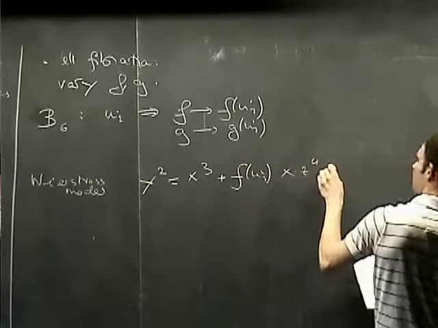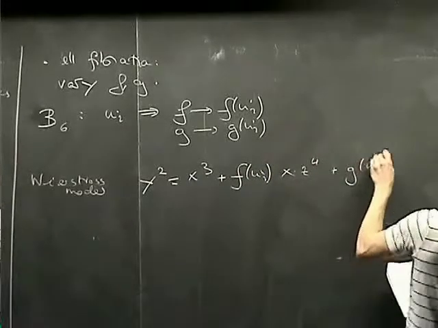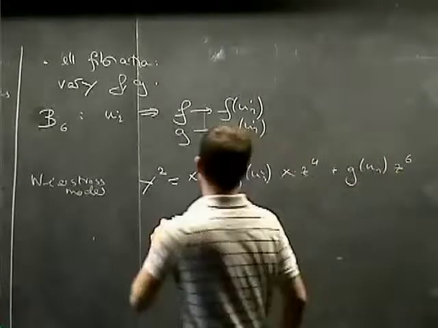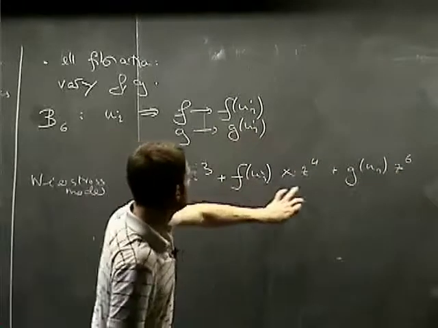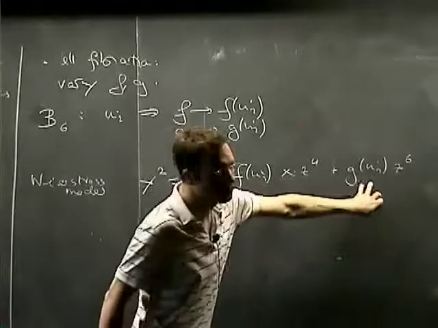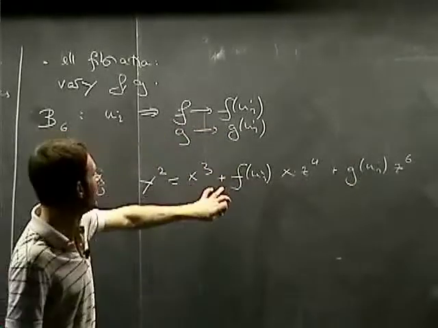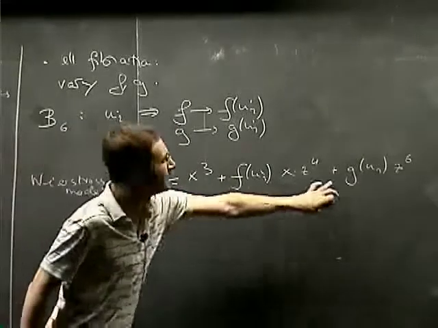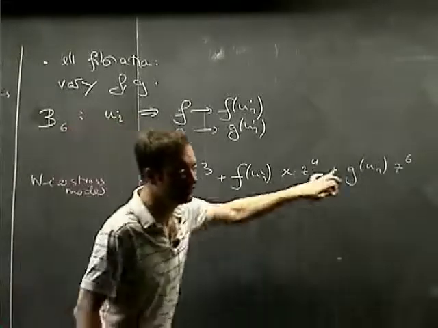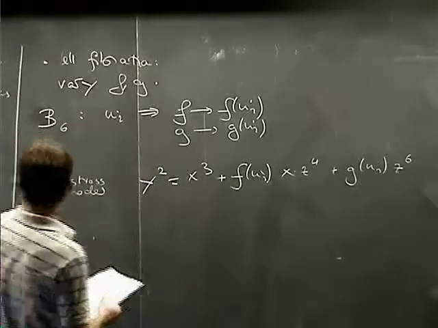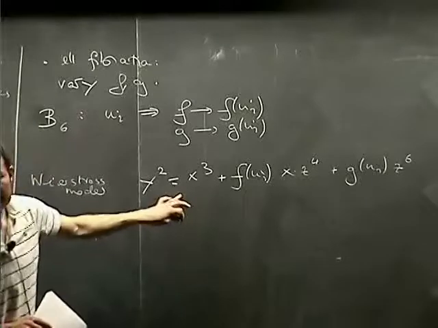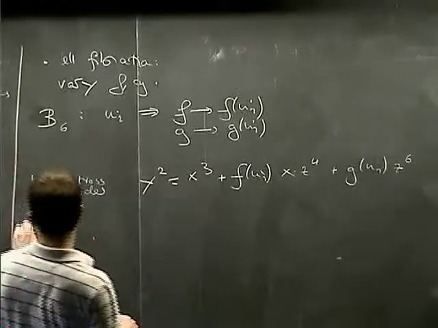I'm now putting the z in again. In fact, the Calabi-Yau property restricts f and g to scale appropriately, in some sense, as polynomials on the base. We won't discuss this now, but we cannot just take any polynomial. This is all we need to know now. So what is now the position of our 7-brane?